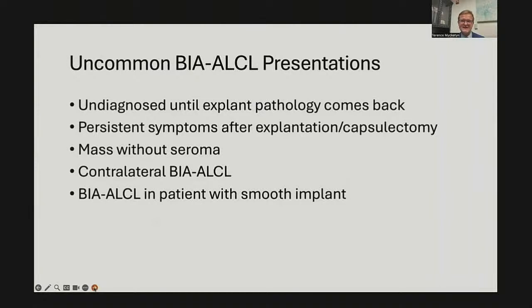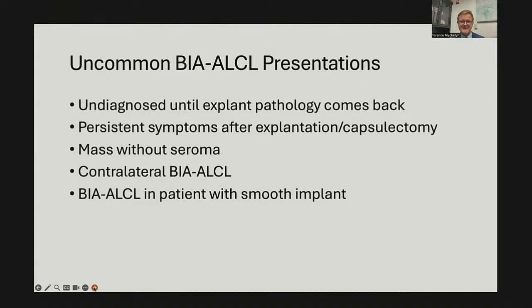They've already had some sort of breast implant explantation surgery, and then we find out they have BIA-ALCL, or potentially patients who have persistence of symptoms after explantation and or capsulectomy, patients who present with a mass without a seroma, patients who in fact have BIA-ALCL in the contralateral breast to the one of concern, and also patients who present with BIA-ALCL with a smooth implant.